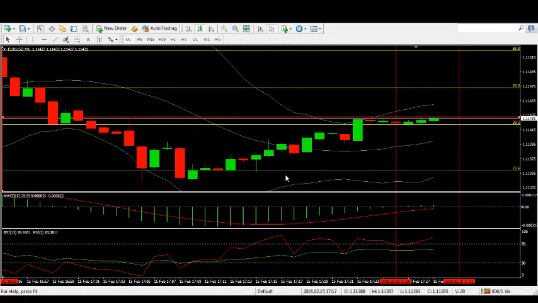So far we'll see the next 2 and 3 minutes. So far the price is out of the money, but we'll see what will happen when the price is closed here. We still wait 1 or 2 minutes.